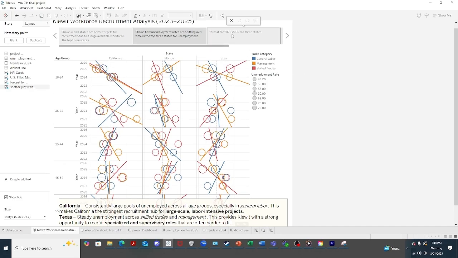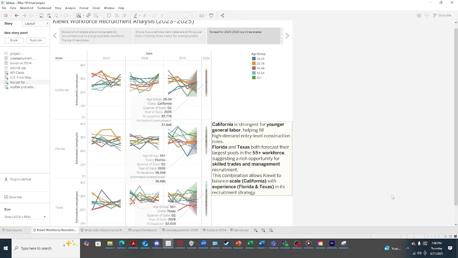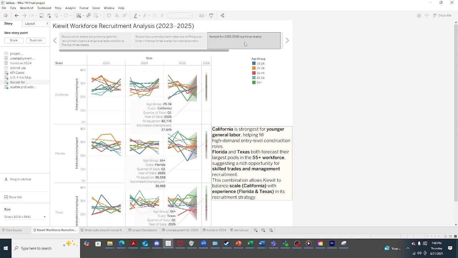For the next one, I chose my forecast. Within my forecast, you can see here that I chose to use the best age. California is strong for younger labor, and this helps reinforce my last point, helping fill high-demand and entry-level construction roles.